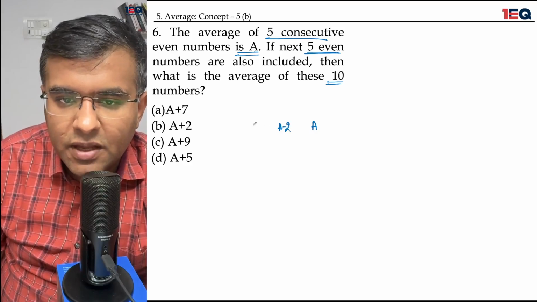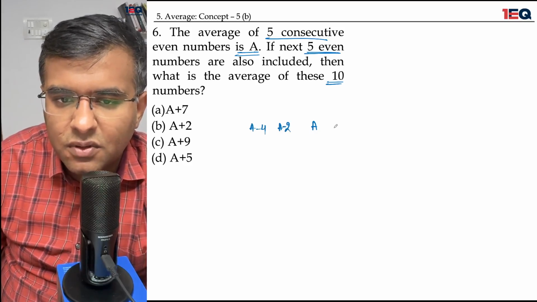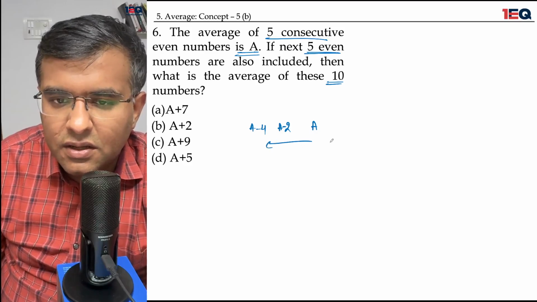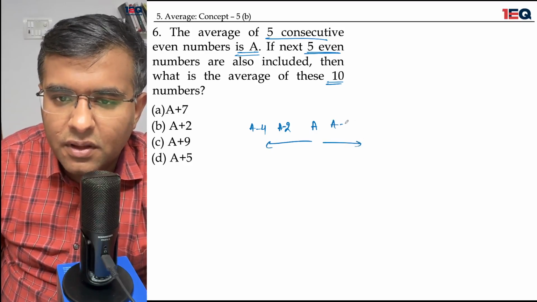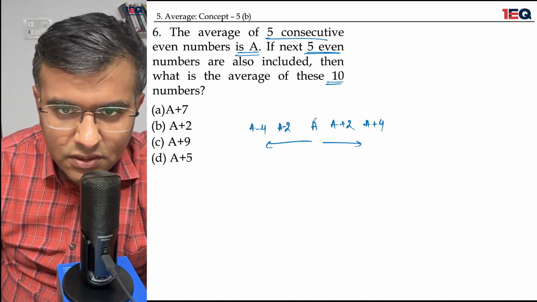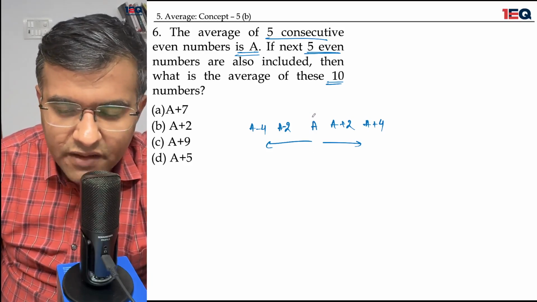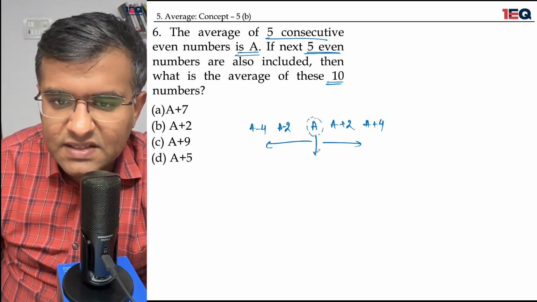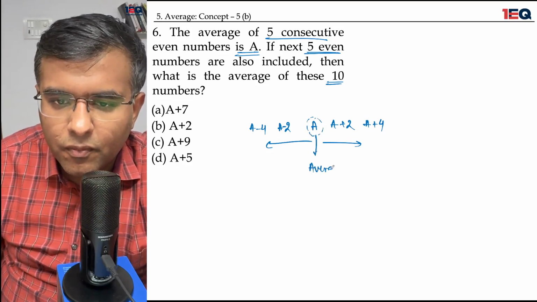On the left there is A minus 2 and A minus 4, and on the right A plus 2 and A plus 4. A is the average.